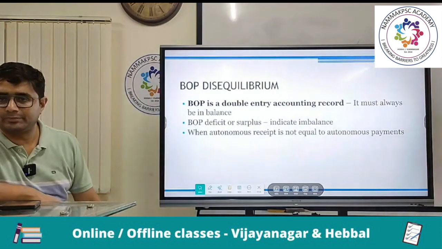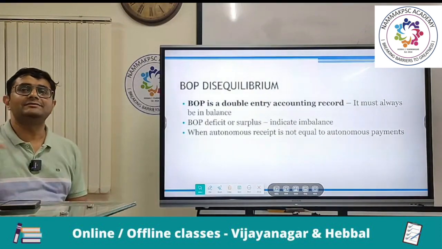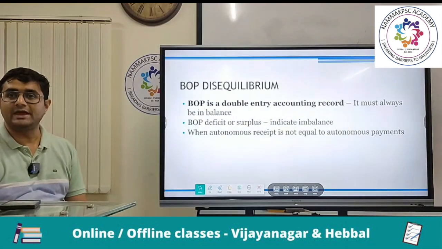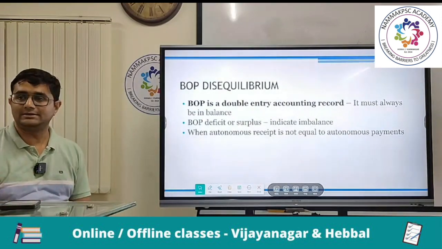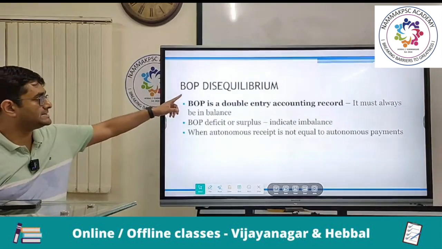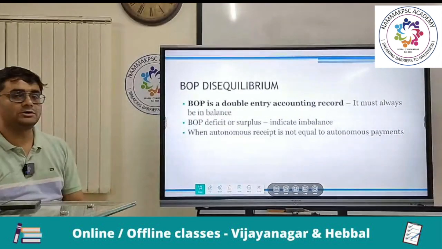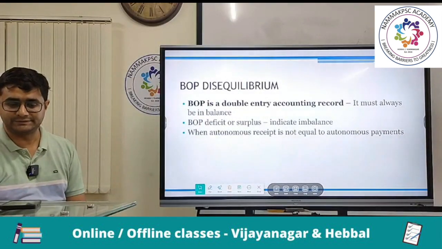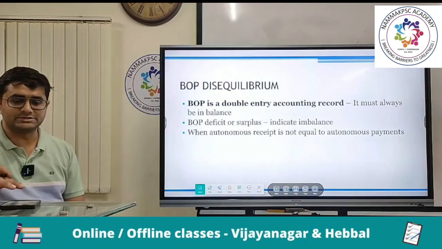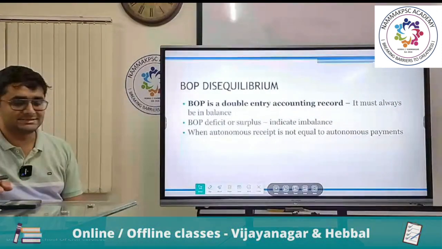Surplus is not a problem, because when there is a surplus, we will increase our reserves. But when there is a deficiency, then we have to meet that through our reserves. So what is balance of payment disequilibrium? When autonomous receipts are not equal to autonomous payments, it is called balance of payment disequilibrium.